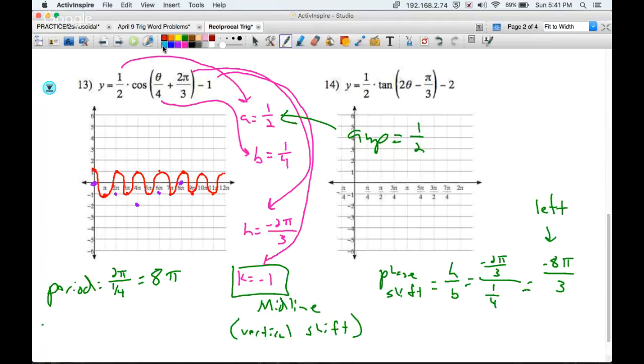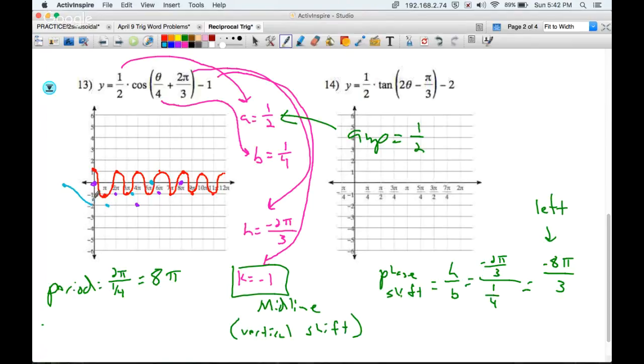Now it's time to phase shift this. And then I think we're done. It needs to move left 8 pi over 3, which is about 3 pi. It's a little less than 3 pi, so we're just going to move everything a little less than 3 pi. 1, 2, 3, a little bit less.